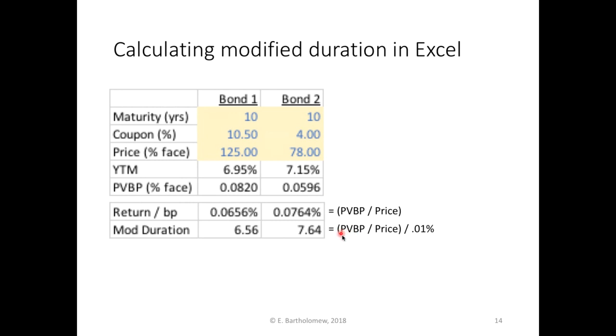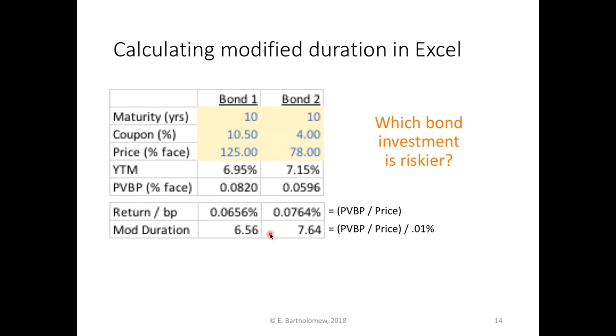Or you could go the full step and say PVBP divided by price divided by 0.01%, and you would get the numbers that we got using our calculator. So we calculated 7.641 for bond 2. If we did the same calculation for bond 1, we get 6.56.